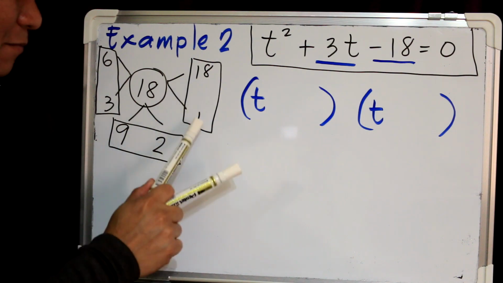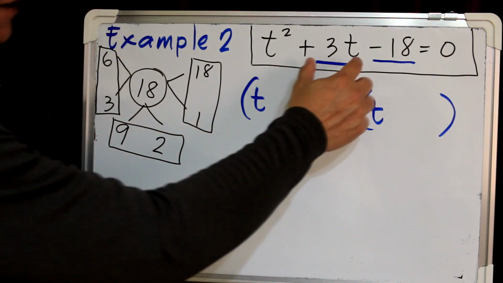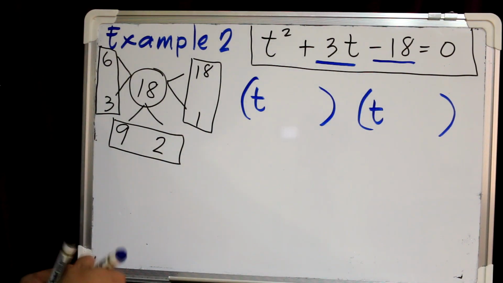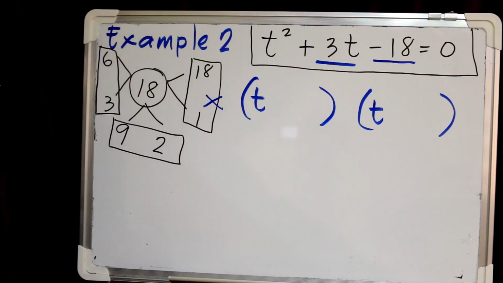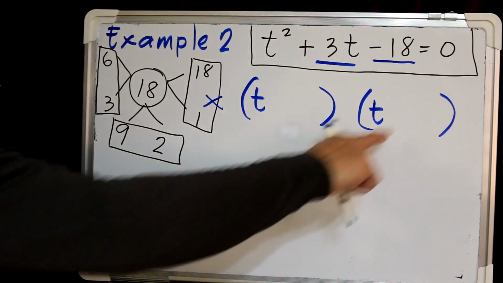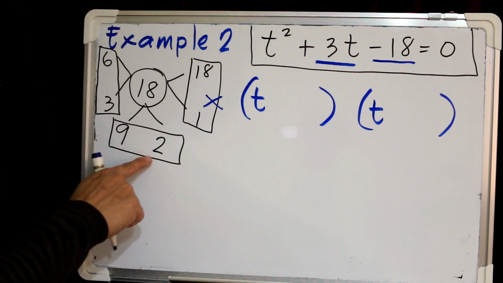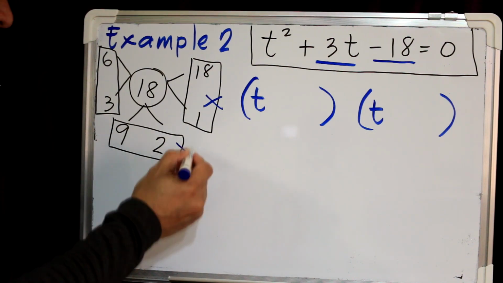So 18 minus 1, that's 17. So we cannot have 3 there, so we can cross this one out. We will not use this one. Okay, how about 9 and 2? So you have a plus 9 and a minus 2. And that's still 7, so you can cross that one out.